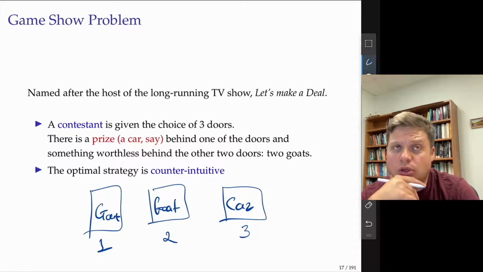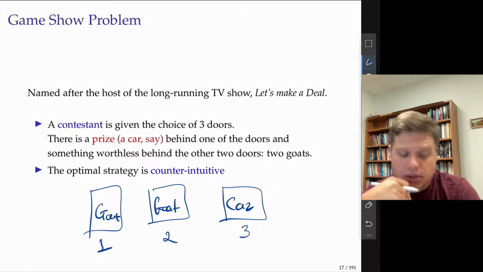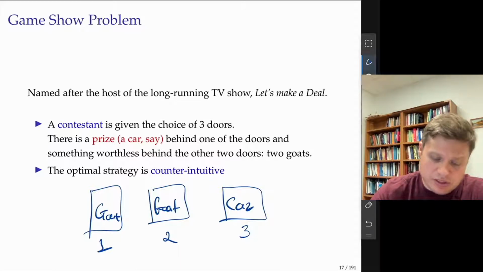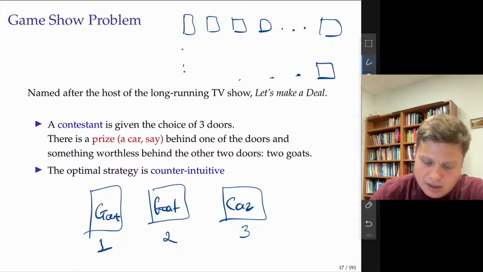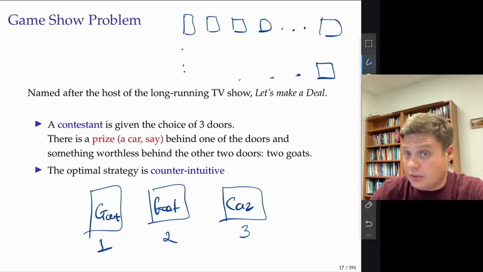And you can use an imaginary example. I think my favorite way to explain it is when you have, let's say, 1,000 doors, and you pick one of the doors, and then the host will open the other 998 doors for you, showing that there are goats behind those, and then the host will ask you whether you want to switch or not.